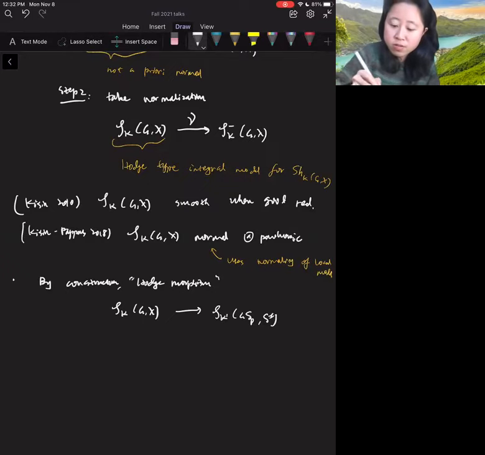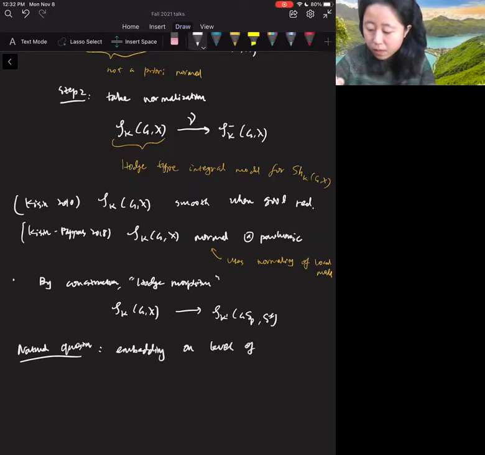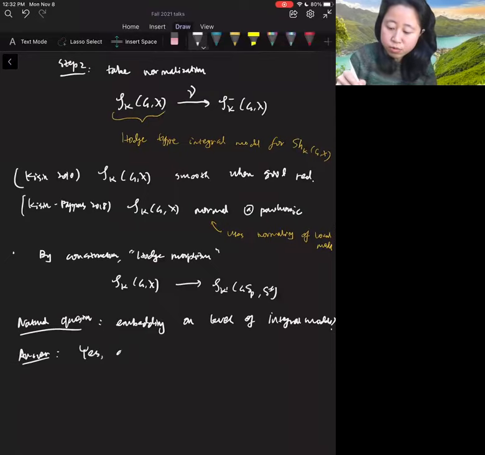So a natural question one can ask is: is this an embedding on the level of integral models? And the answer is yes, assuming some technical condition that I'm going to call star.